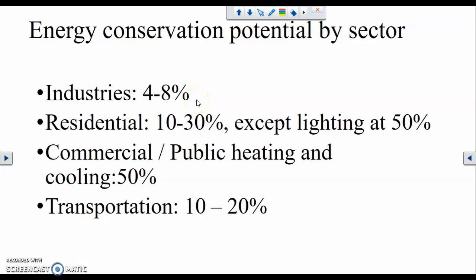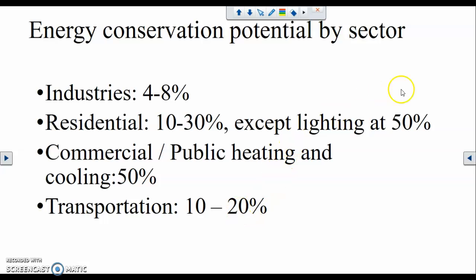However, the biggest areas in which we can conserve energy are lighting, residential lighting, 50%. So there's a way for us to save 50% more energy, and public heating and cooling. We're talking about malls, Lakeshore Technical College, where we are right now, where we can save 50%, all right? And transportation to some regard is 10 to 20%.